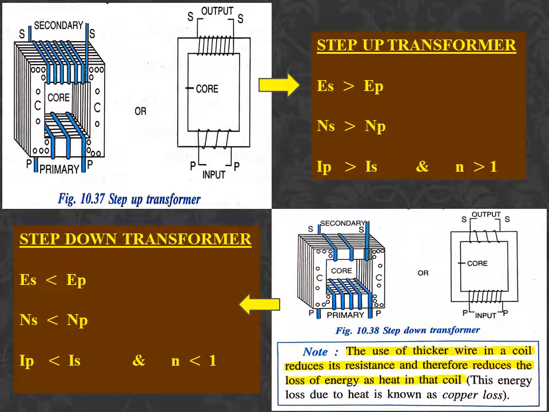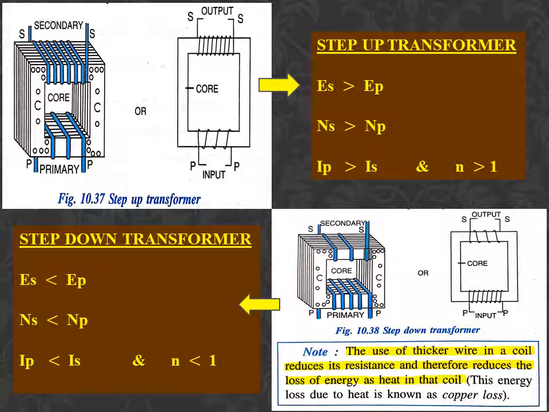Step-down transformer is used to change a high alternating voltage to a low alternating voltage of same frequency. That is, Es is less than Ep. And the number of turns in the secondary coil are less than the number of turns in the primary coil.